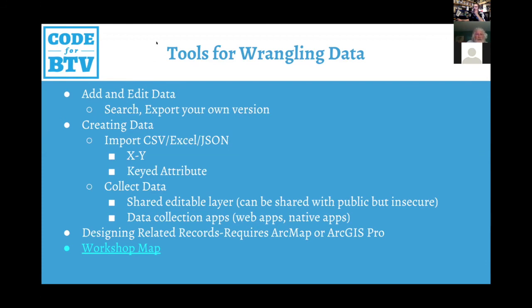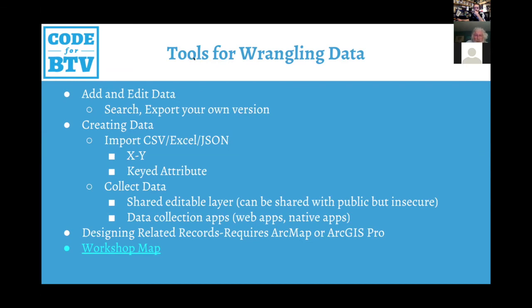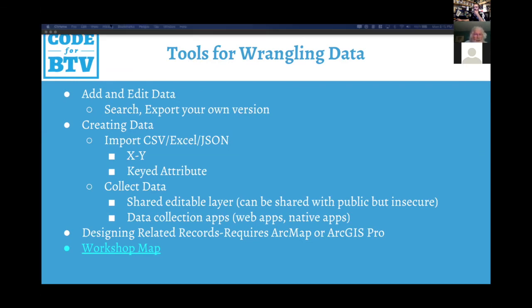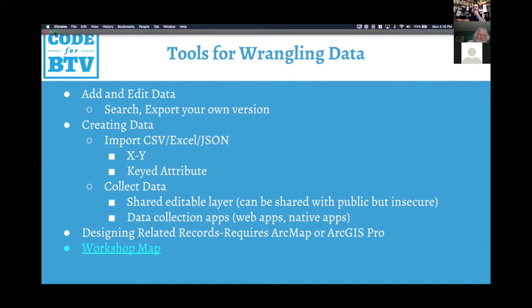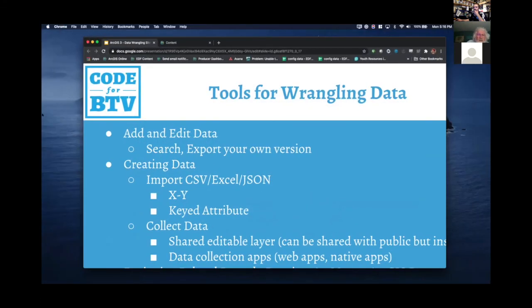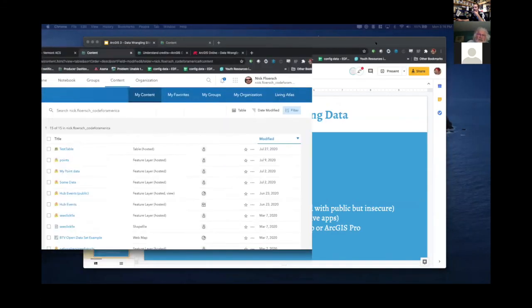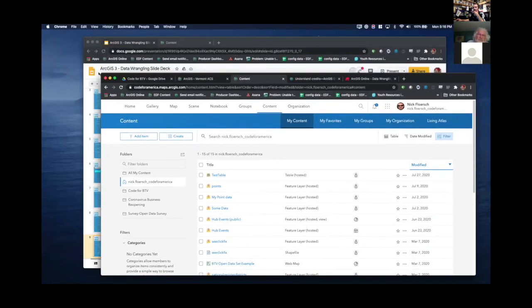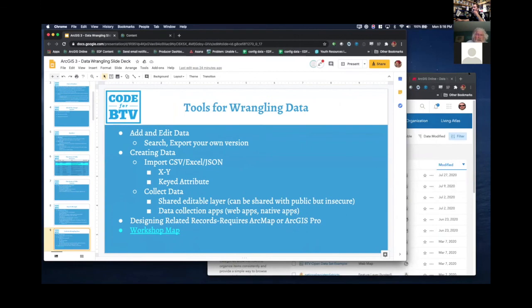You're basically bringing in a CSV or an Excel file into your map, and maybe I'll get around to showing that. The other way to bring in a table, if you bring in a JSON or Excel file, you need to have something that links to a space and time.